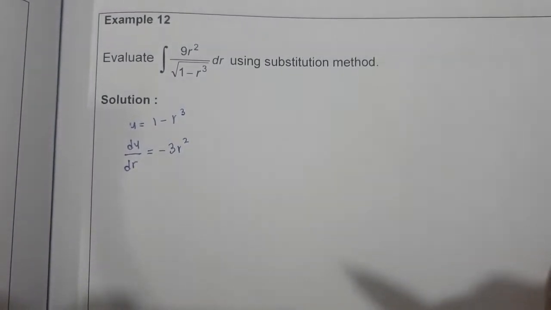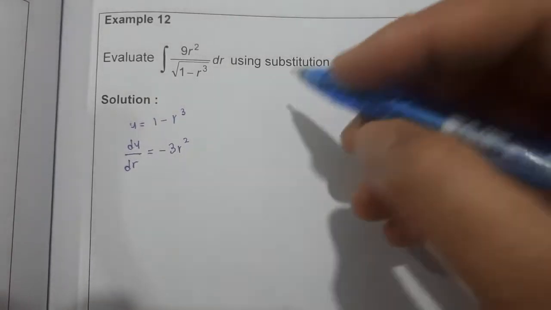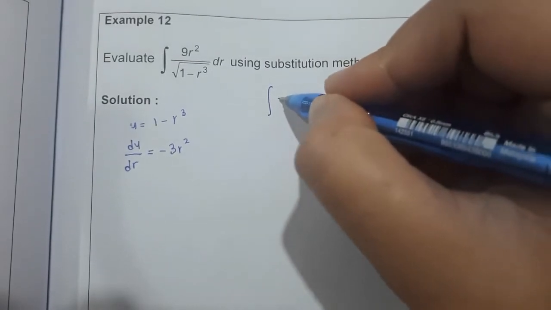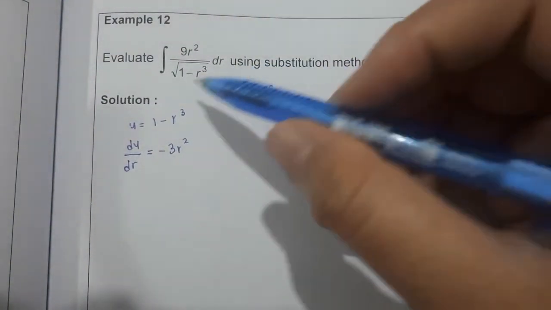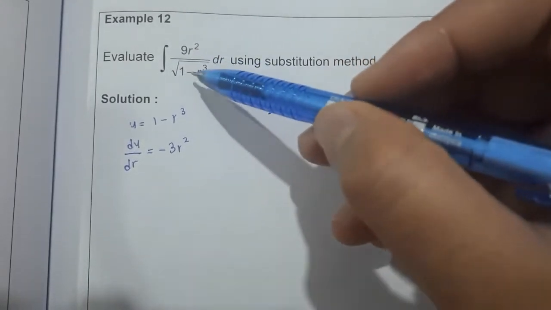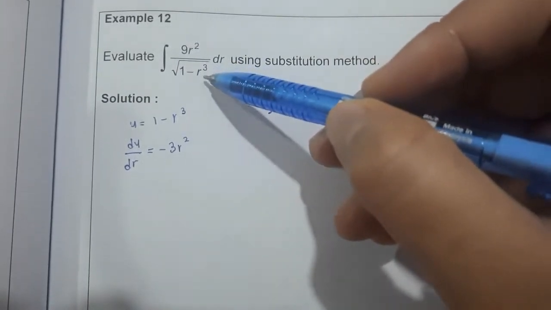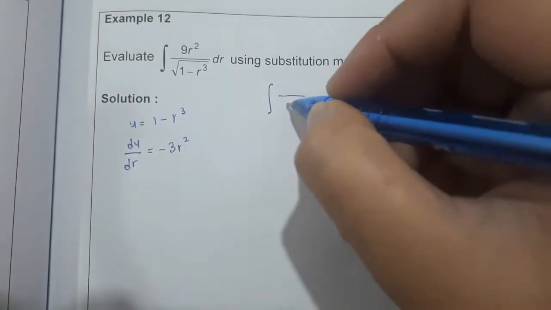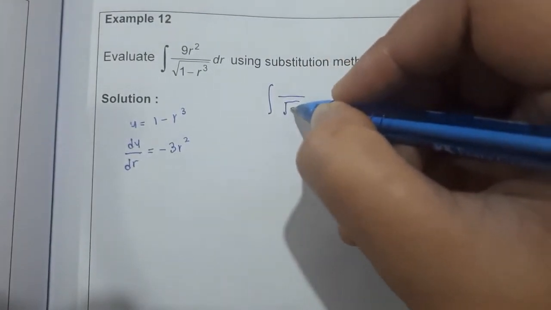Now we want to do the substitution. Originally, we have square root of 1 minus r cubed, but we replace 1 minus r cubed by u. Square root u.